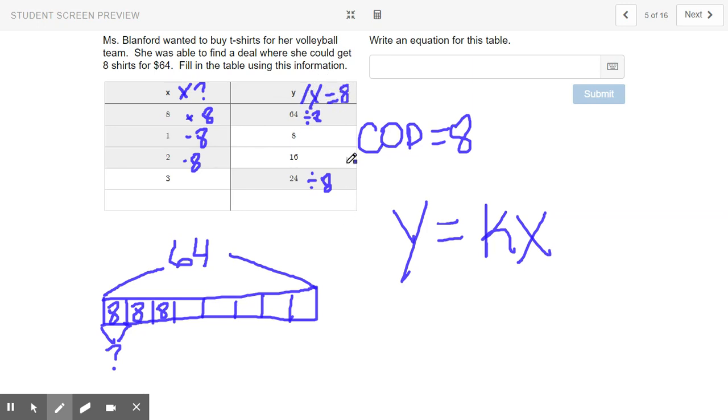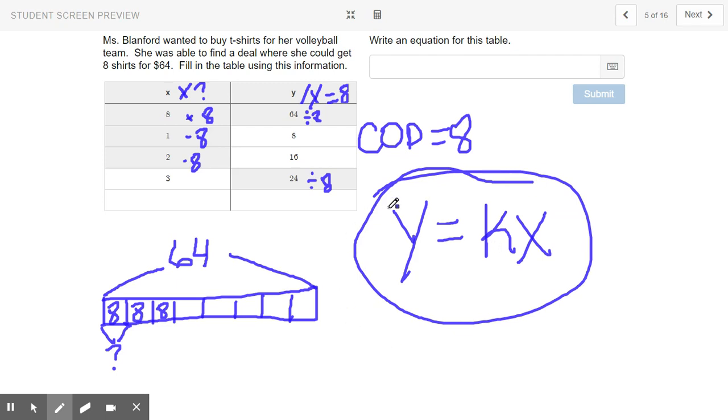So it's a constant of proportionality, and I can use this idea to help write my equation. I know that this column, Y, will equal the constant of proportionality, which is K, times X. In this case, the X is standing for the number of shirts. So this is an equation for the table.